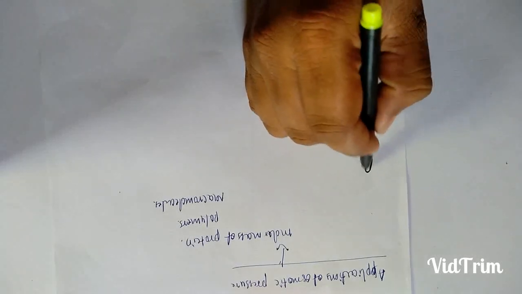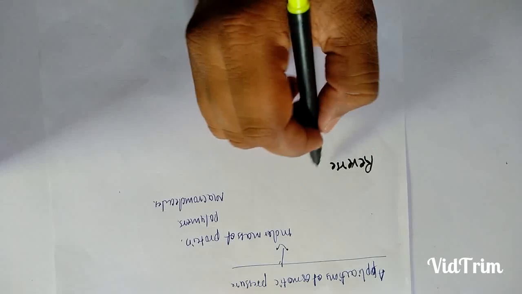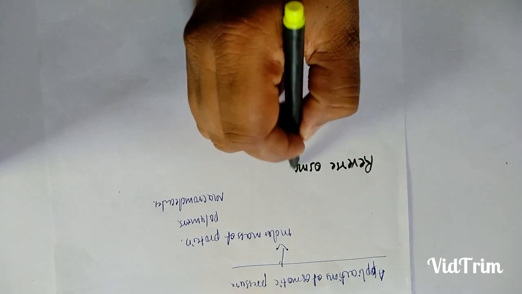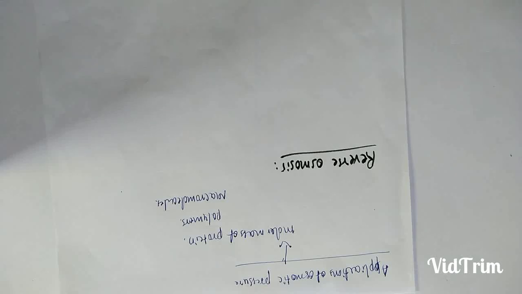Okay, reverse osmosis, it is just opposite to the osmosis. Reverse osmosis means here the phenomenon in which a pure solvent flows out of the solution through semi-permeable membrane. Okay, or you can say reverse osmosis occurs when a pressure larger than the osmotic pressure is applied to the solution side.